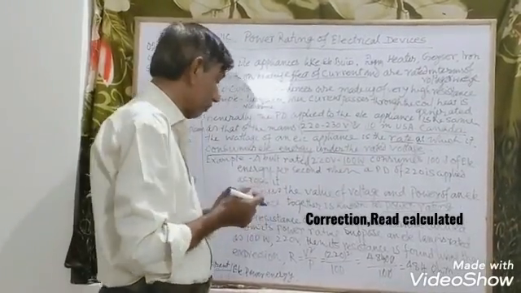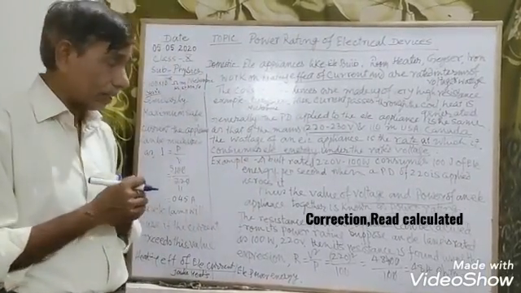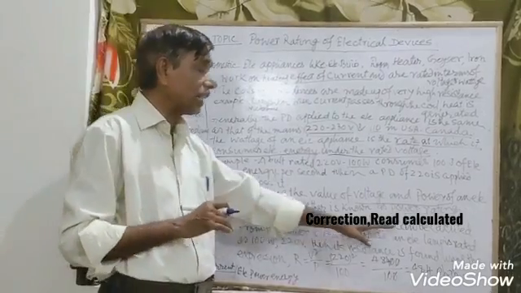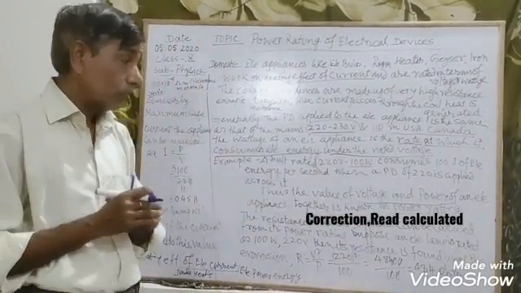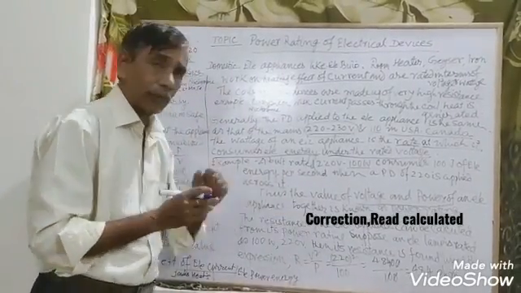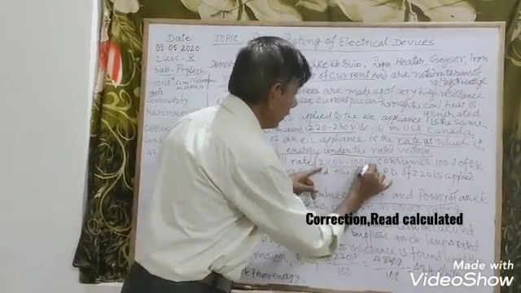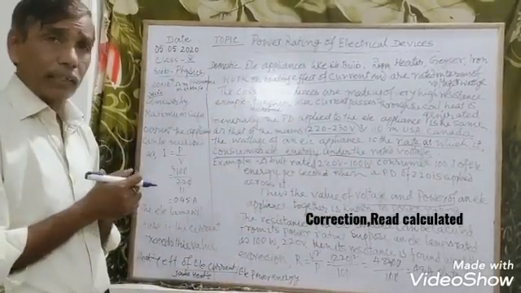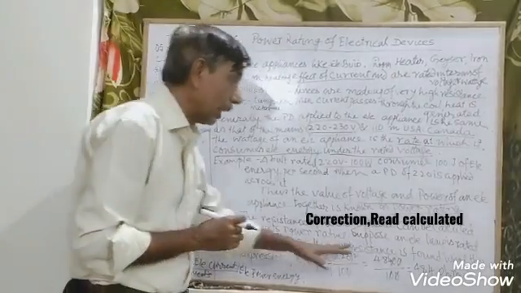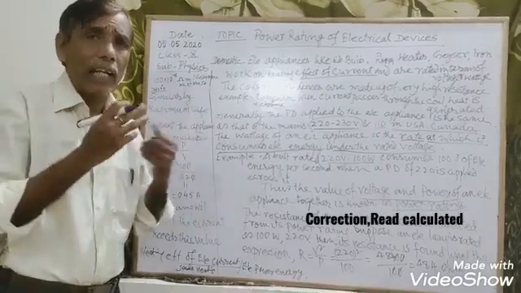Now, the resistance, we have already studied about resistance. The resistance of an electrical appliance can be calculated from its power rating. How can it be calculated? Suppose an electrical appliance, suppose it's a lamp.